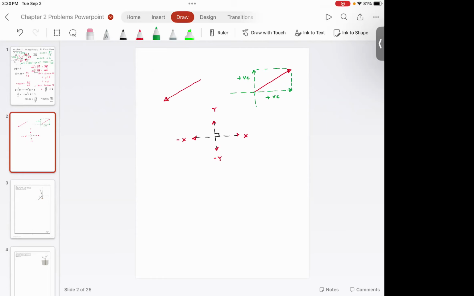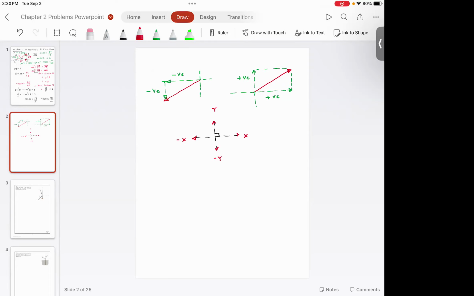So first thing, you should imagine this coordinate frame and place it where the vector starts. And as soon as you do this, now you know that the x component of this vector is negative and y component of this vector is also negative. You agree with me?